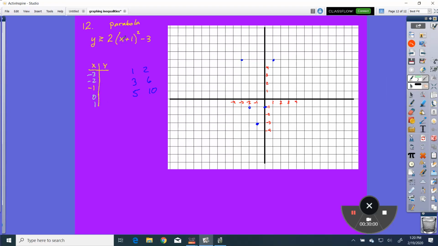So if I plug 1 in there, 1 plus 1 is 2. 2 squared is 4. Times 2 makes 8, minus 3 is 5. So that's when I plugged 1 in. So it's symmetrical, that should be 5. If I plug negative 1 in, I get 0. And 0 times 2 is still 0, minus 3 is negative 3. If I plug 0 in, 0 plus 1 is 1. 1 squared is 1, times 2 is 2, minus 3 is negative 1. Okay?